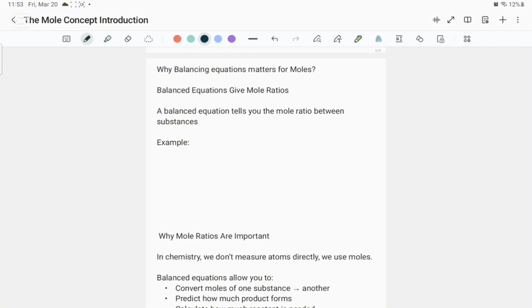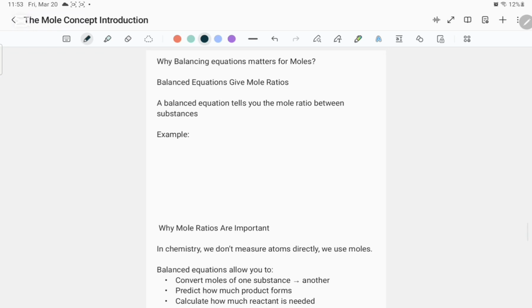So for example, let's use water. Alright, so the coefficients in front of the substances we're going to use to represent how many moles react with what.